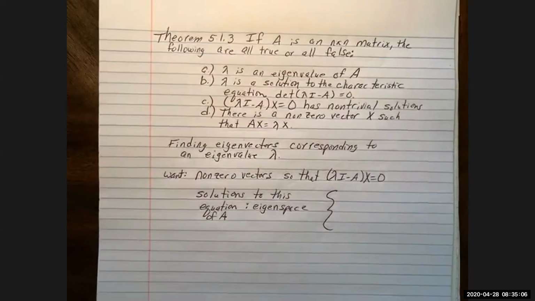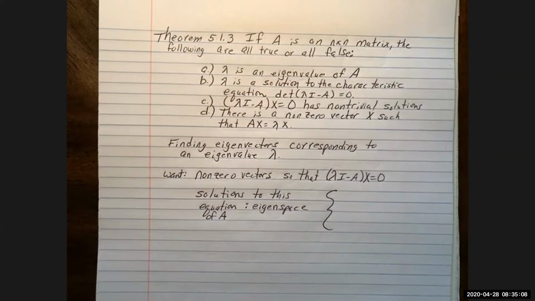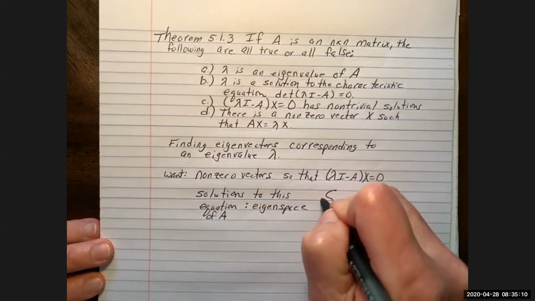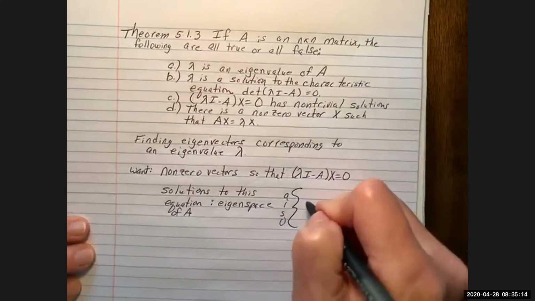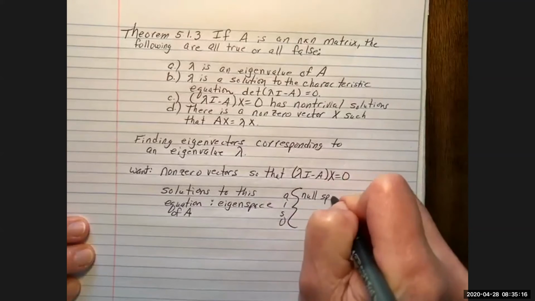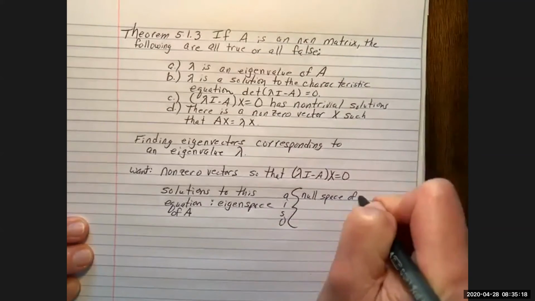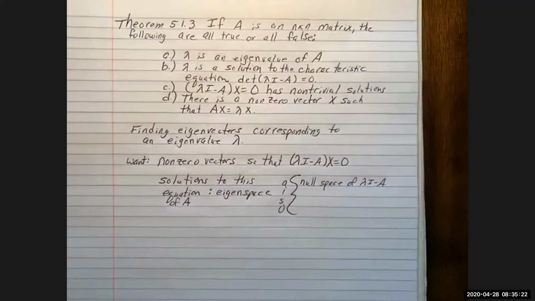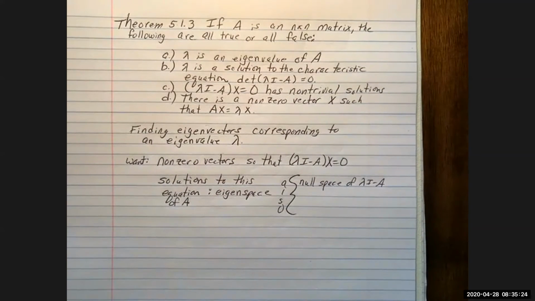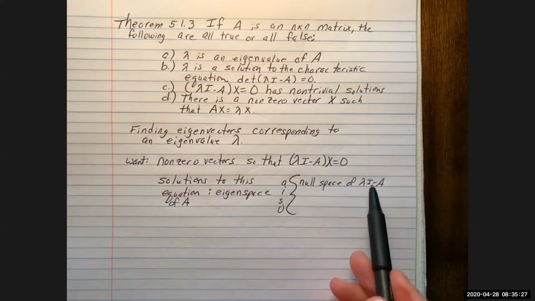There are three things that it's equivalent to. I'll just say also here. It could also be called the null space of lambda I minus A, because the null space is solutions to a homogeneous system. This is our matrix.